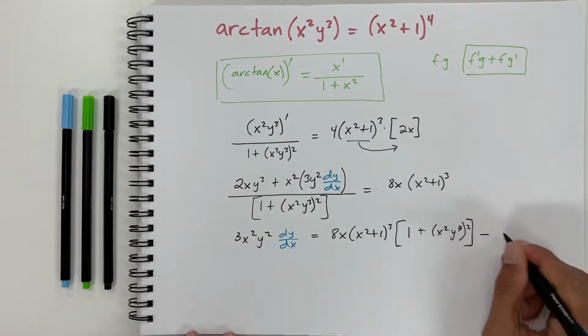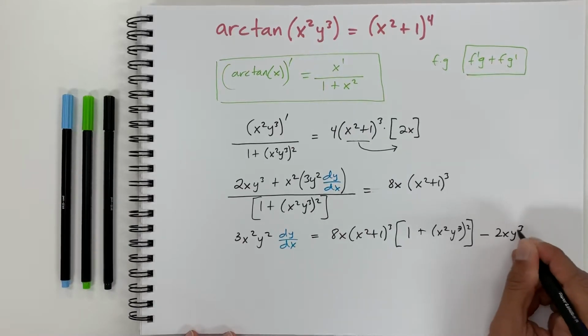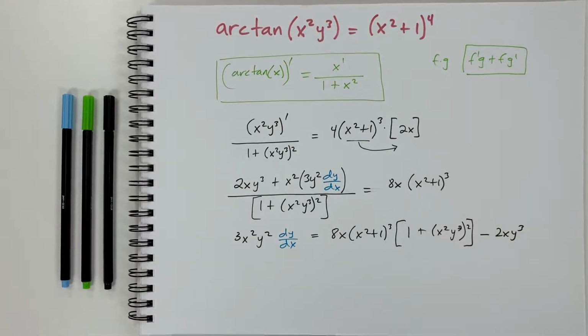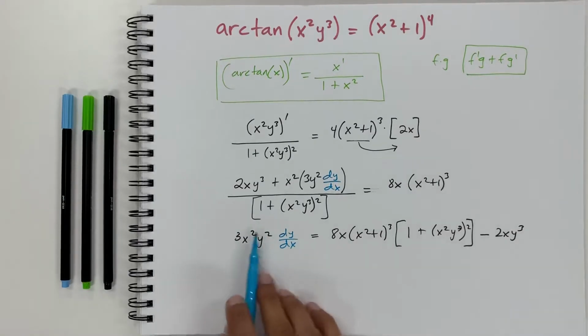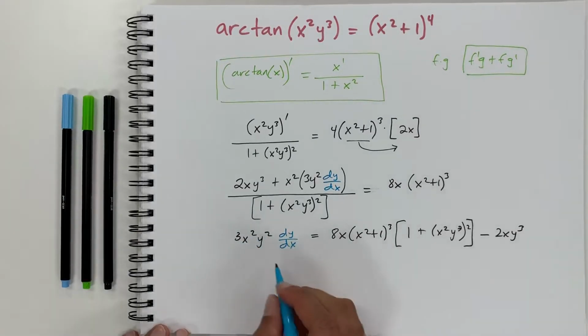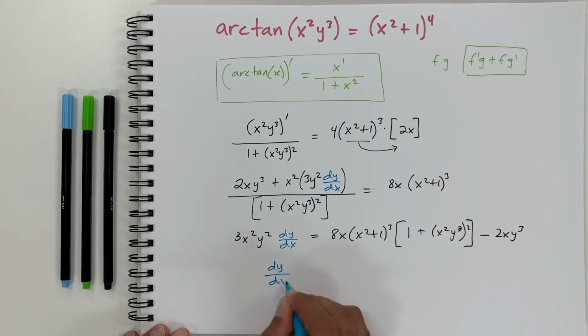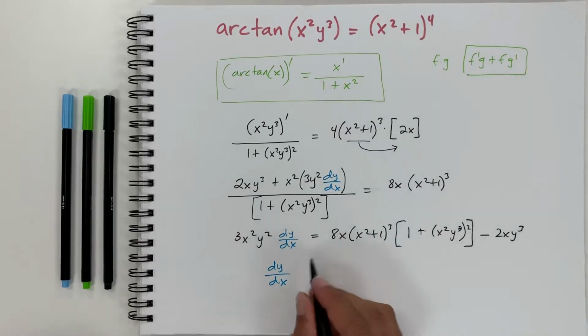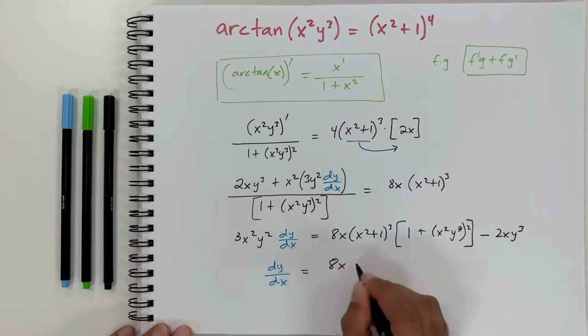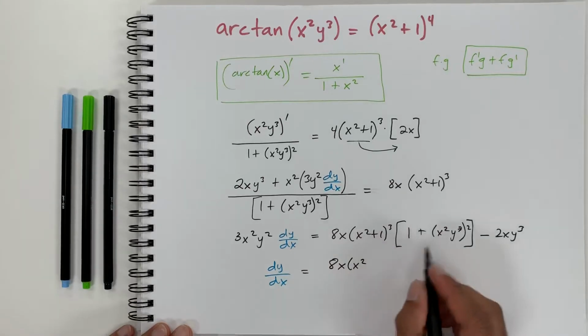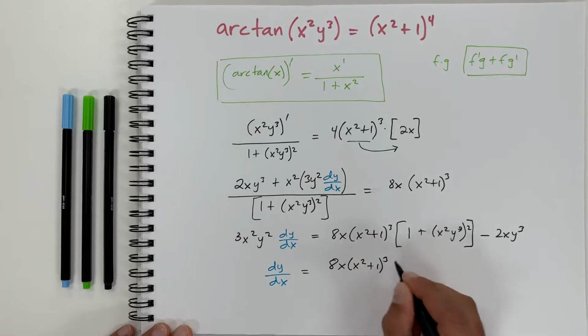So then I'm going to have minus 2x y to the third. Okay, so now all that's left to do is divide by this term to isolate the dy dx.